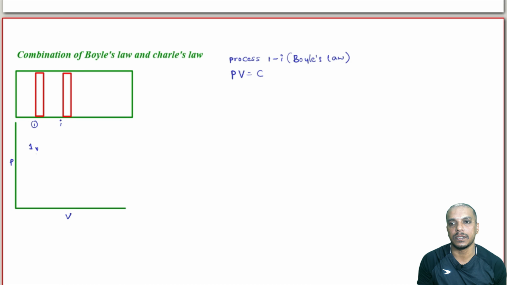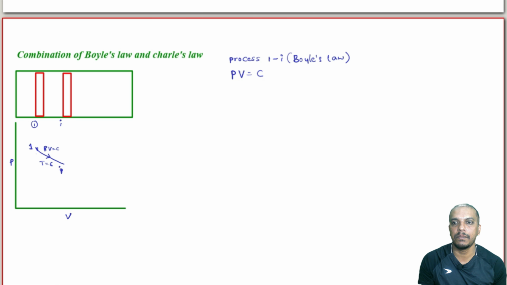PV is equal to constant. So we know how the curve in a PV diagram looks like. This will be a hyperbola. So this is I, or we can write it as PV is equal to constant, or temperature is equal to constant. Both are good.